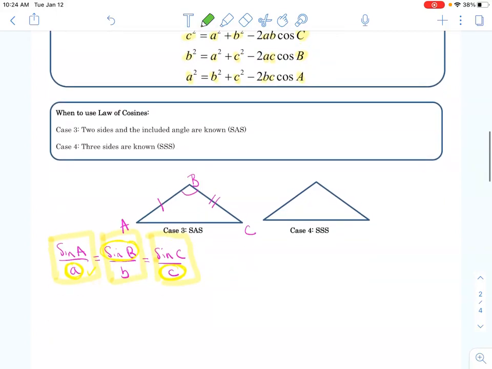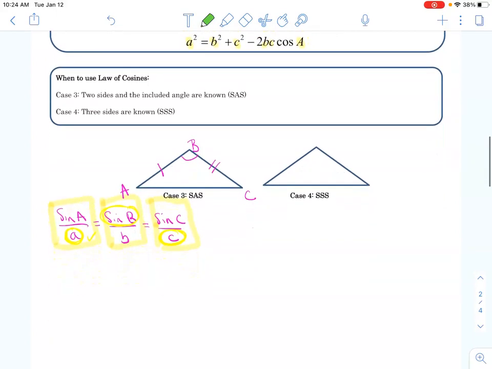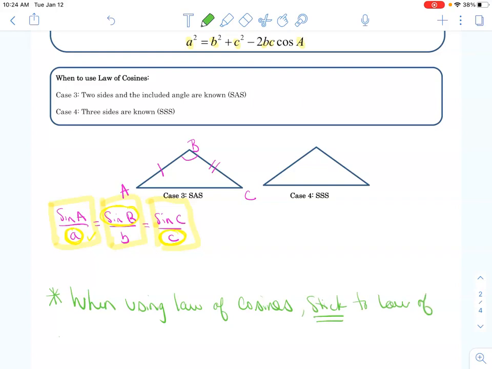The other thing I want to make really, really important, and I'm going to even make it stand out, and I'm going to ask you to even write it down, is when using law of cosines, stick to law of cosines.